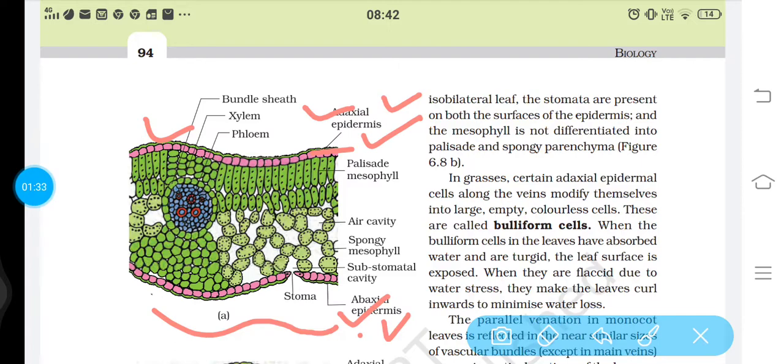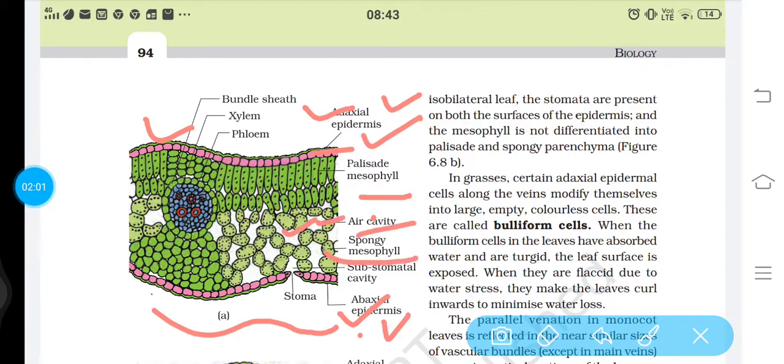Below the epidermis, there are specific photosynthetic cells called palisade mesophyll, which have chloroplasts in abundance to perform the task of photosynthesis. Followed by palisade mesophyll, there are rounded mesophyll cells which are also photosynthetic in nature, but they have large air spaces, or air cavities.